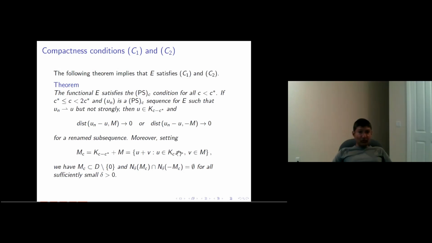And here's a part that's not so well known. So suppose this C is between C star and strictly smaller than 2 C star.